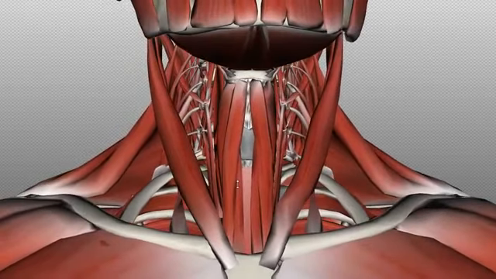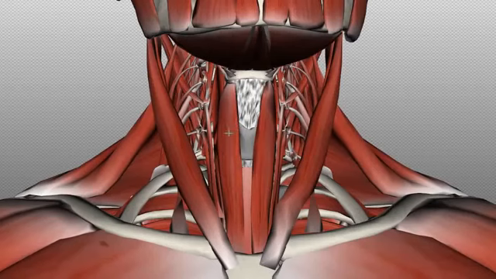And then lying deep to these, the omohyoid and the sternohyoid, you've got two muscles, the thyrohyoid and the sternothyroid muscles. So four infrahyoid muscles that you need to know.